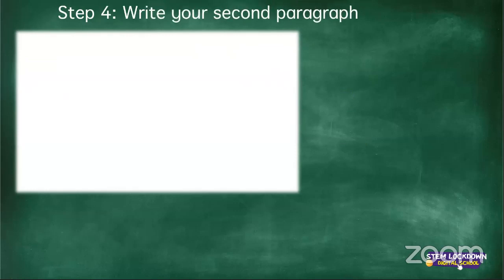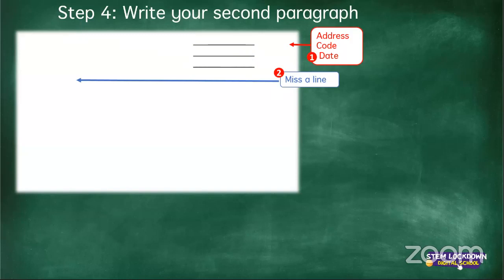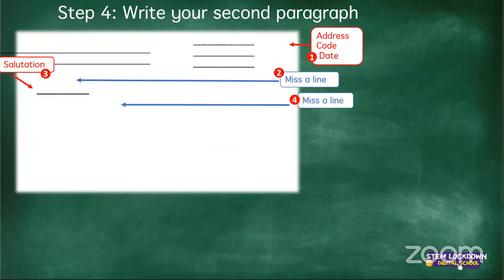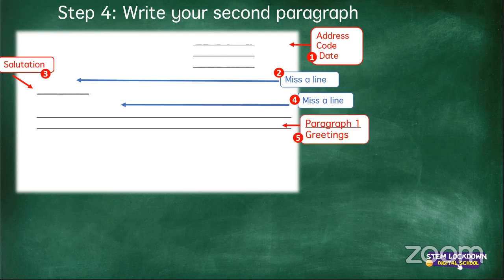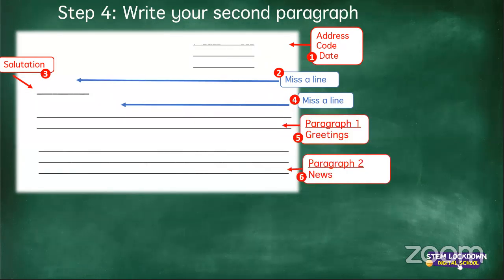Now we're going to write the second paragraph. So let's review what you've got. You've got your address, you've missed a line, you've got the salutation, you've missed a line, you've written your first paragraph. Now you're going to write your news paragraph. So write your news paragraph. Mention 2 or 3 items of news.